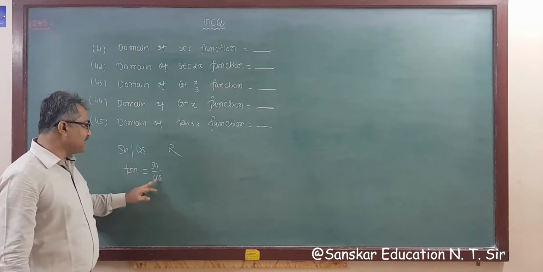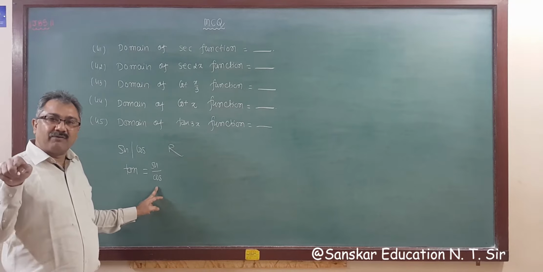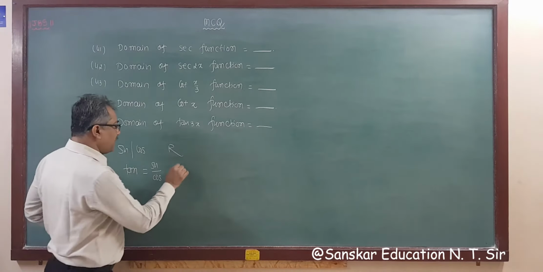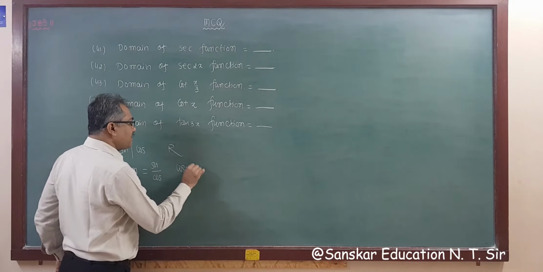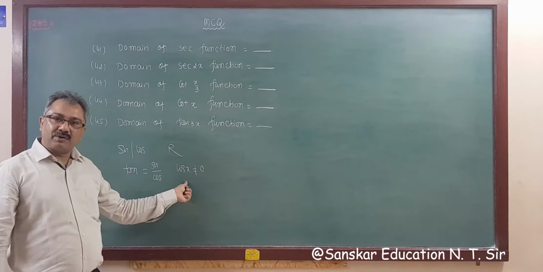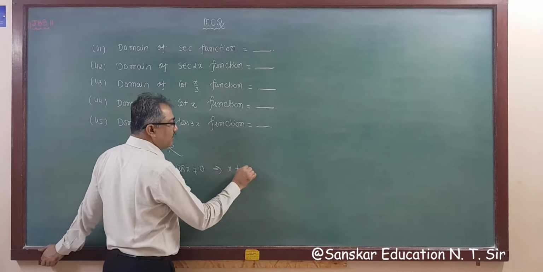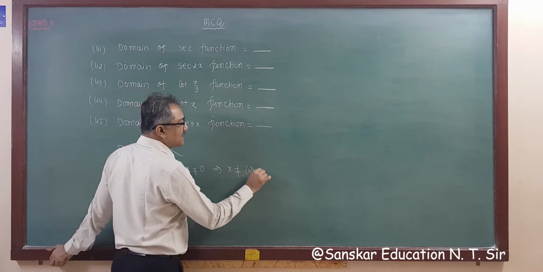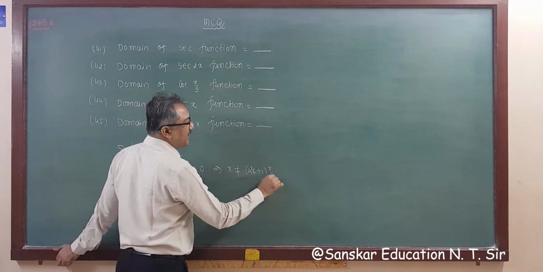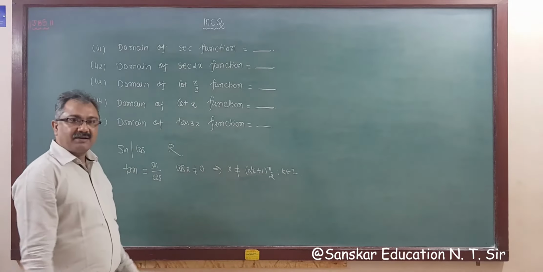So if cos x is 0, then this is not defined, means cos x not equal to 0. For this, you have to write the set of zeros of cos. That implies x is not equal to (2k+1)π/2, k belongs to Z. This is the set of zeros for cos.